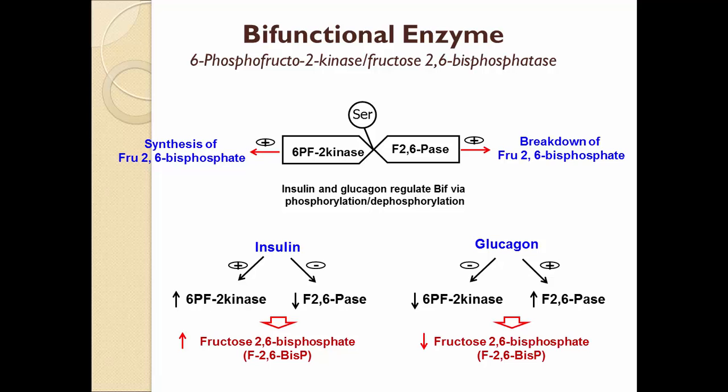So the net effect of insulin will eventually increase the concentration or production of fructose-2,6-bisphosphate. And glucagon does the opposite: it decreases phosphofructose-2 kinase and increases fructose-2,6-bisphosphatase, and the net effect of glucagon will be to decrease fructose-2,6-bisphosphate. Right, is that clear?